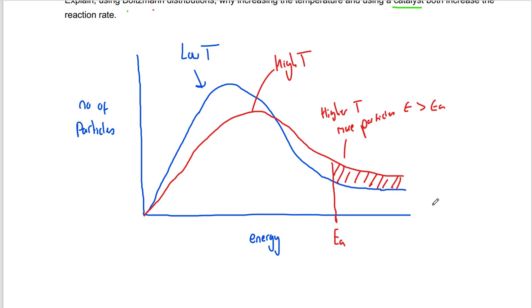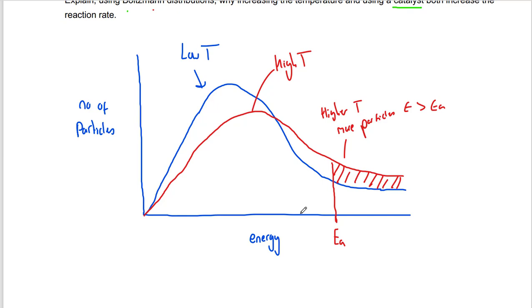As long as you've drawn it correctly and it looks something like this, it's fine. So you'll need two Boltzmann curves, one for temperature, and you'll need the other one for the catalyst.